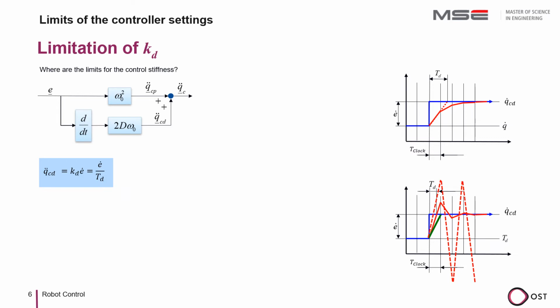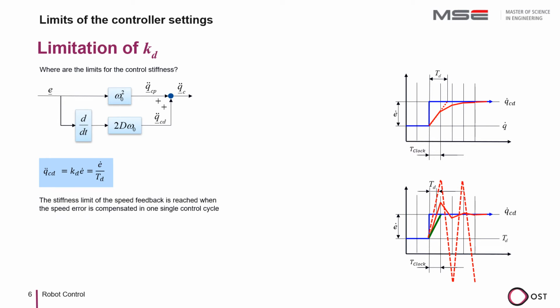If Td is smaller than T clock but larger than T clock half, the acceleration oscillates widely with a period of 2 control cycles, but the oscillation still decays. If Td is smaller than 0.5 times T clock, the oscillation increases until the controller only jumps back and forth between the positive and negative saturation values.